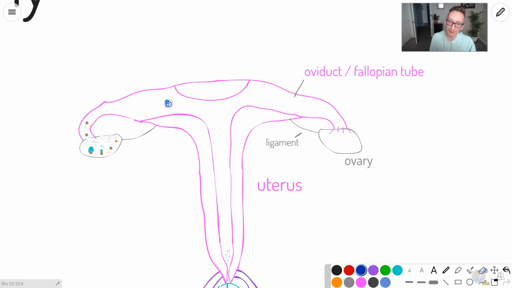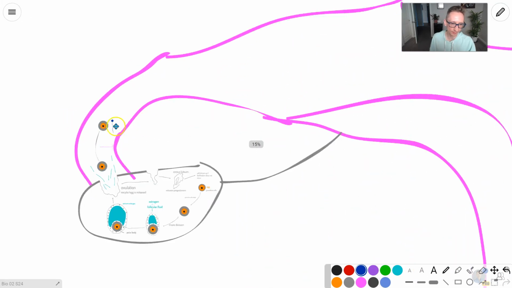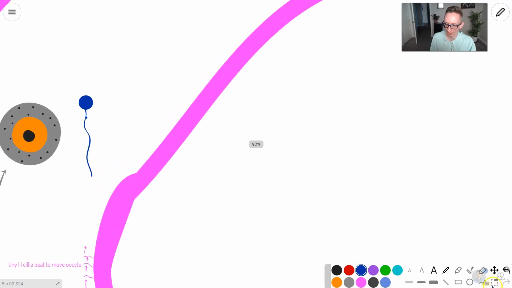Swim all the way up here. And then they actually fertilize up here in the fallopian tube. Fertilization occurs.